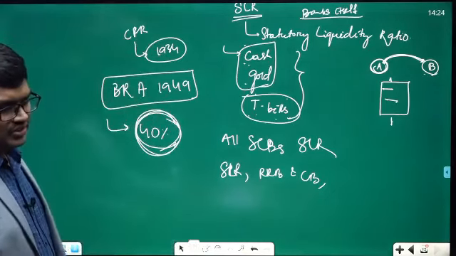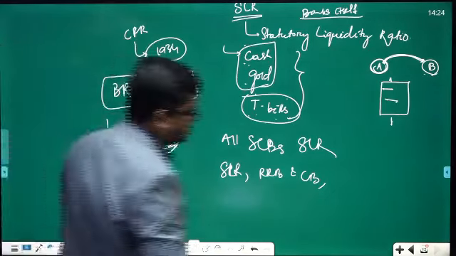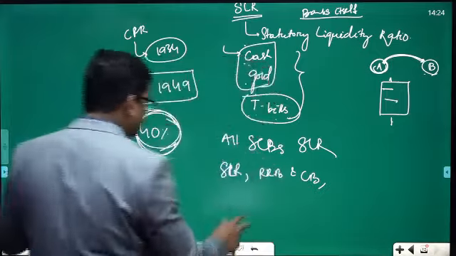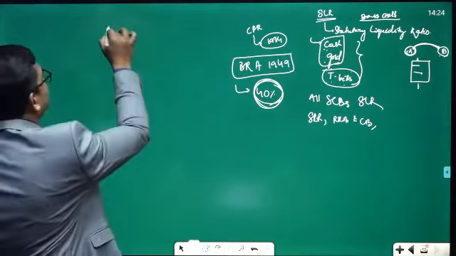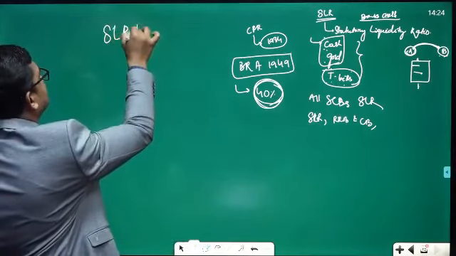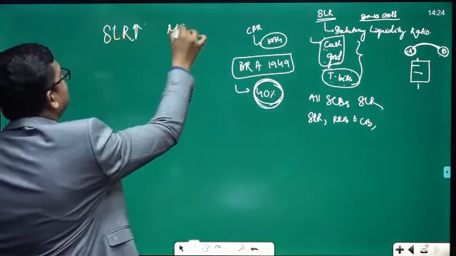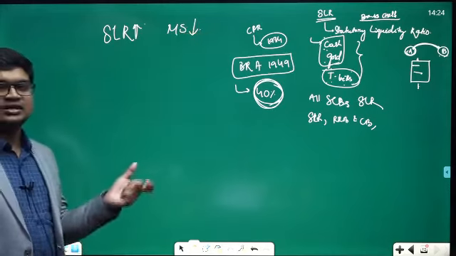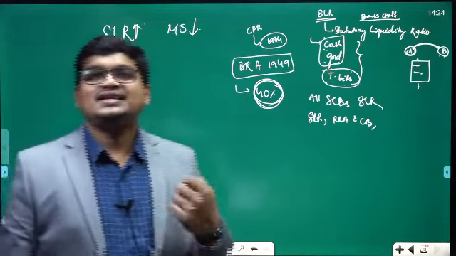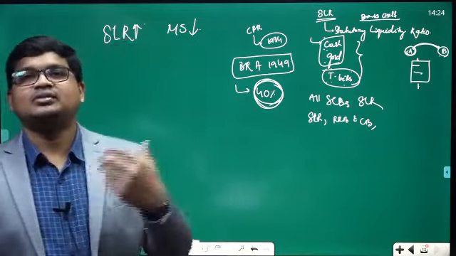Now, the question is how this SLR affects the money supply in the economy. When SLR increases in the economy, the money supply would come down. How? The same thing we have already discussed for CRR and its relation with the money supply.